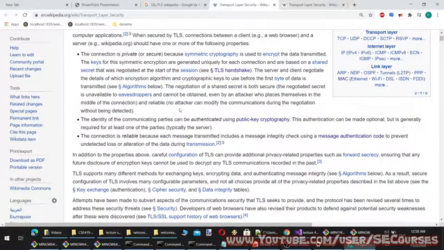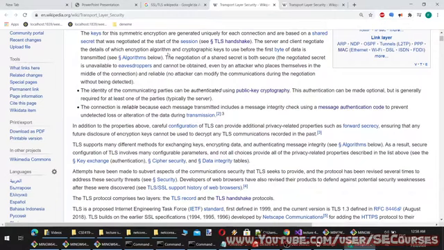The negotiation of a shared secret is both secure: the negotiated secret is unavailable to eavesdroppers and cannot be obtained, even by an attacker who places themselves in the middle of the connection, and reliable: no attacker can modify the communications during the negotiation without being detected.